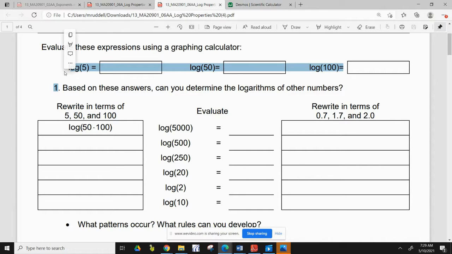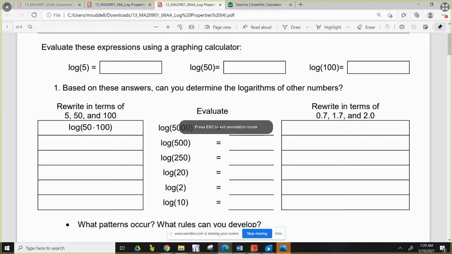So what we found using the Desmos Scientific Calculator was that log 5 is 0.7, log 50 is 1.7, and log 100 is 2. What I would like for you to do is stop the video for just a minute and fill in the middle column: log 5,000, log 500, log 250.